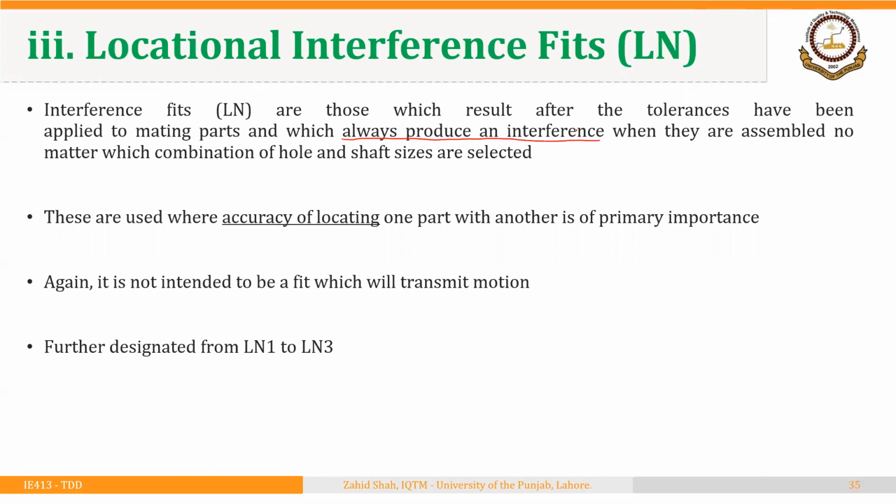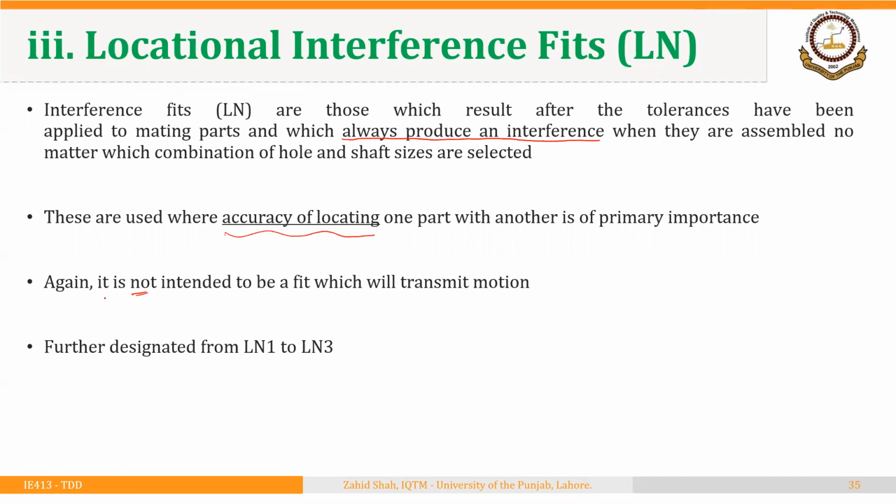These are used where accuracy of locating one part with another is of primary importance. Again, it is not intended to be a fit which will transmit motion. So we cannot transmit motion using interference fits. That is the case of clearance fits. So we will design clearance fits when we need to transmit motion.